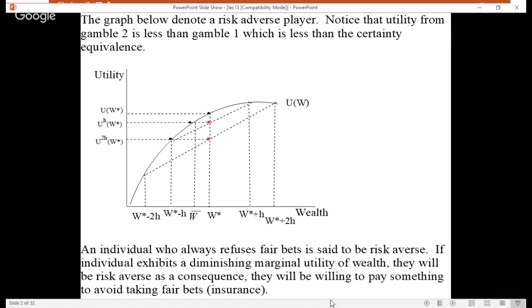If I have a bigger gamble where I either win 2H or lose 2H instead of just H, up here if I win, I'd be up here, and if I lose, I'd be down here. But on average, my utility would be U of 2H at W star. In other words, it would be below taking just W star with certainty.